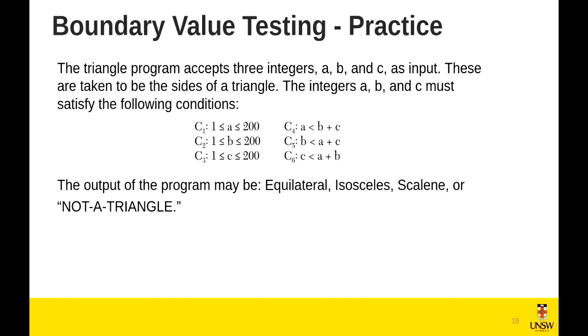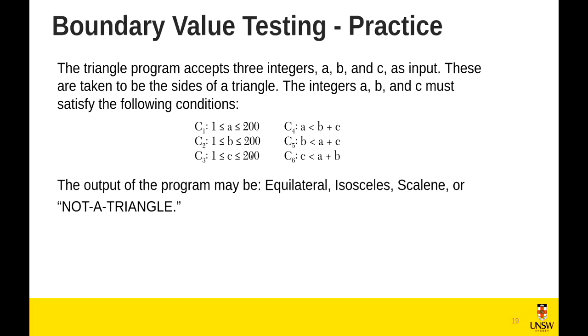And in order to make them form a triangle, they should satisfy the condition that the sum of any two edges or sides must be larger than the third one. And then the output of the program. This condition is somehow handled by the program. As you can see here, it is allowed to generate the output of not a triangle.